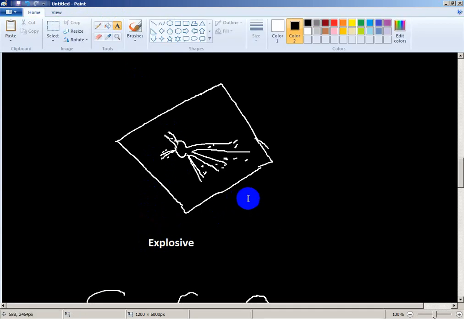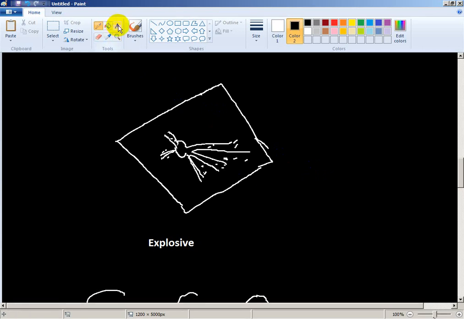Okay, which substances cause explosions? Do you know? Can you say the name of any explosive substance? Dynamite. Do you know the scientist Nobel invented dynamite? He used this explosive substance to destroy buildings.